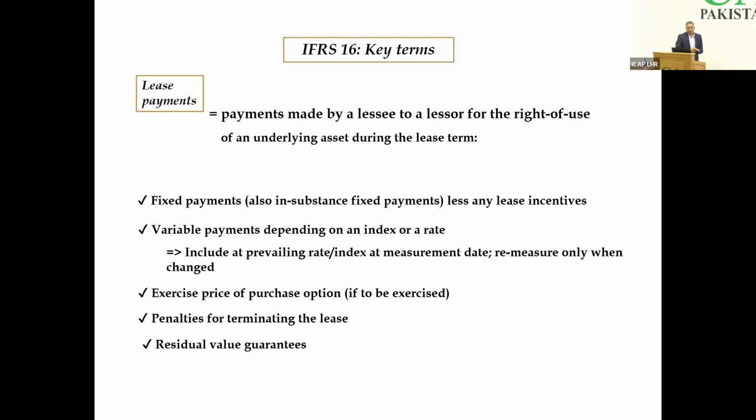And then we have penalties for terminating the lease. This will only be relevant when the lessee has decided to terminate the lease. So when the lease term is adjusted because the lessee is going to opt for termination of the lease, then there will be a termination penalty, which will become part of the lease payments.